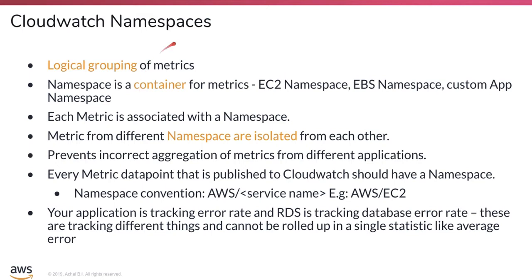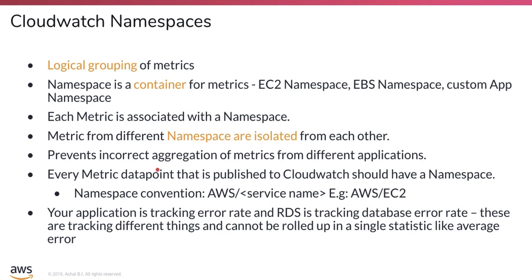Namespaces, as I told, are a logical grouping of metrics. A namespace is a container for metrics. The namespace can be something like EC2, EBS, a resource name, or a custom app name, and each metric is associated with a namespace.